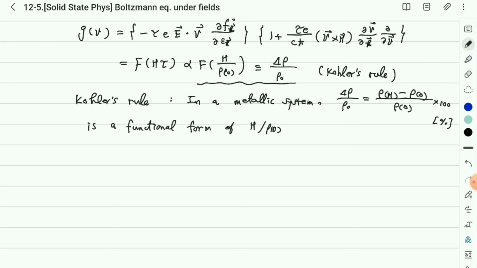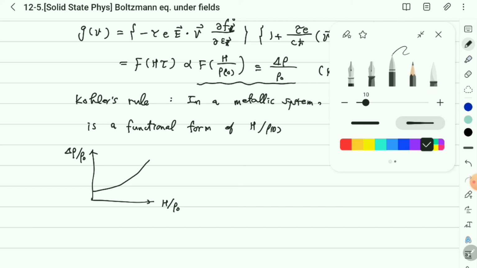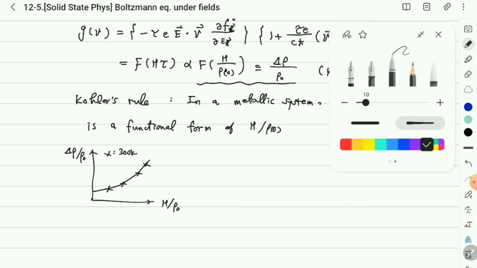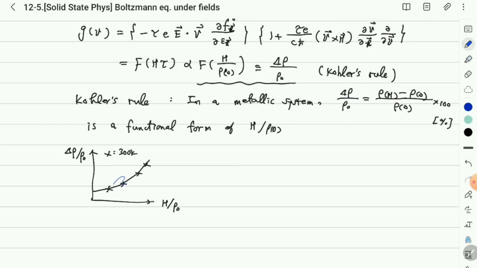Therefore, when we plot H over rho zero on the x-axis and magnetoresistance on the y-axis, they may have the functional form. In some cases, if there are temperature measurements, for example 300 Kelvin data and other temperature data, they may have different values.